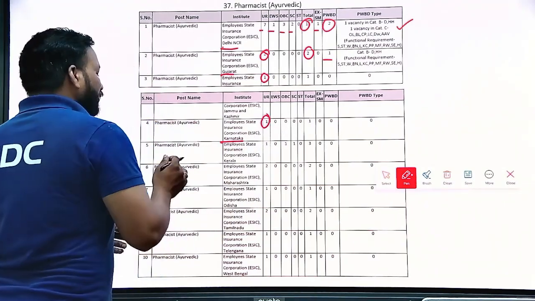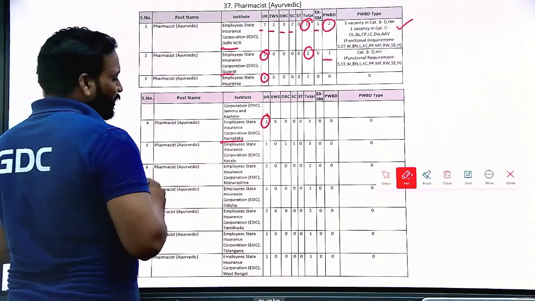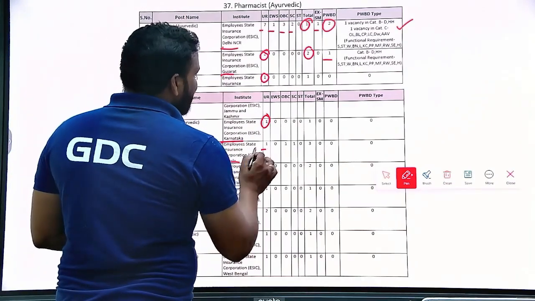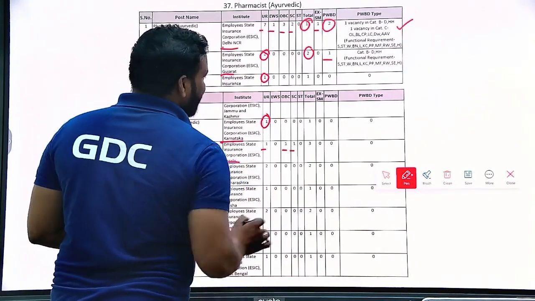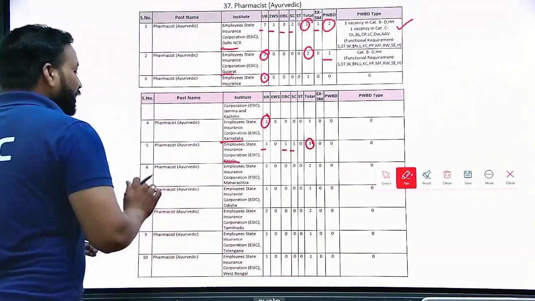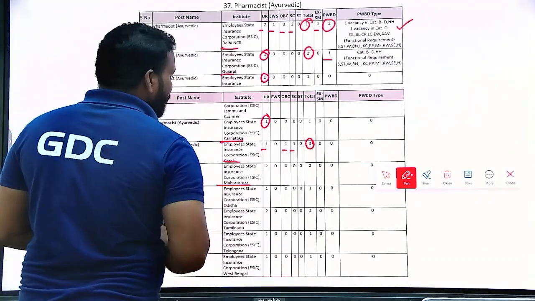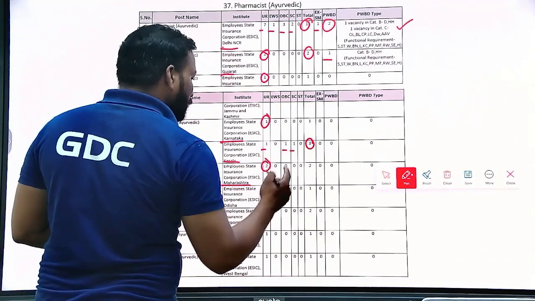ESIC Kerala has 1 unreserved, OBC 1, SC 1, total 3 posts. Maharashtra has unreserved 2 posts, total 2.